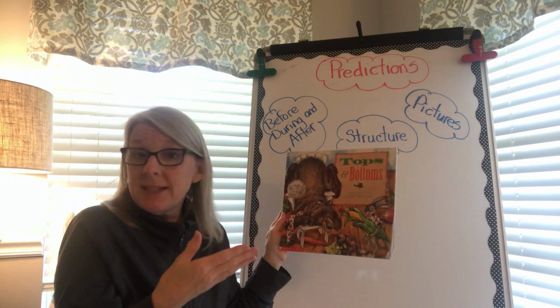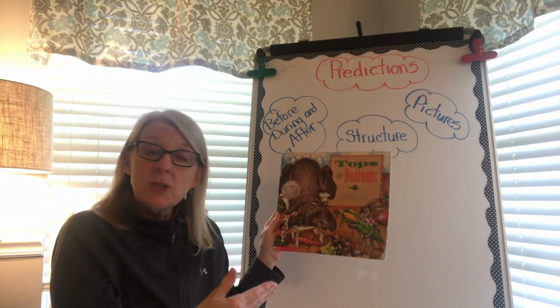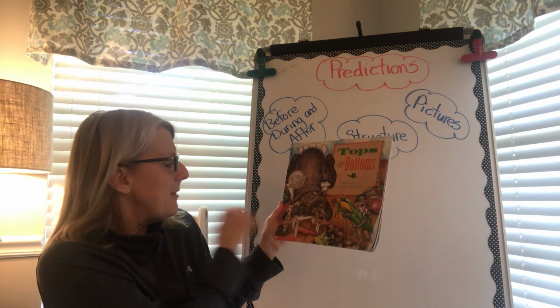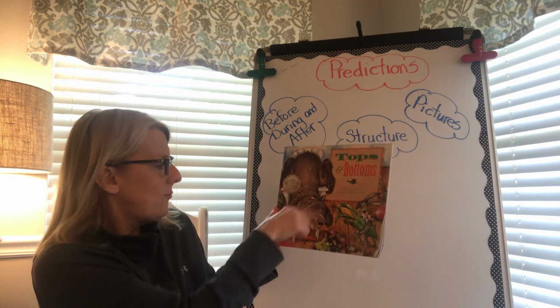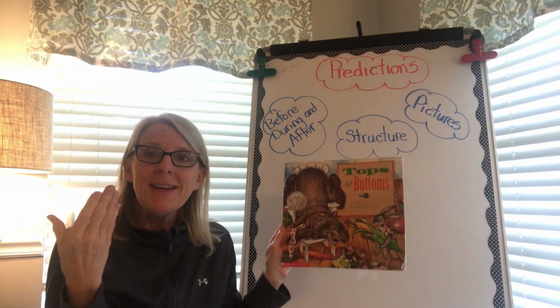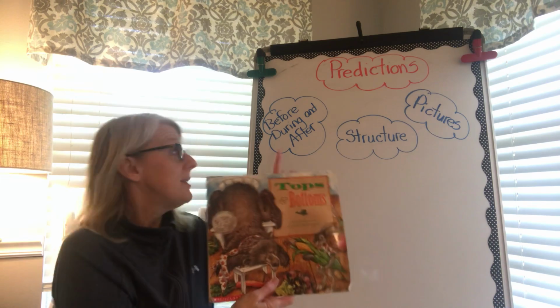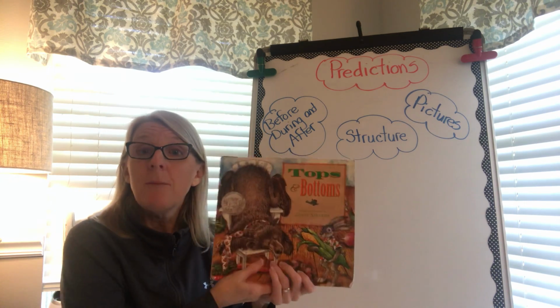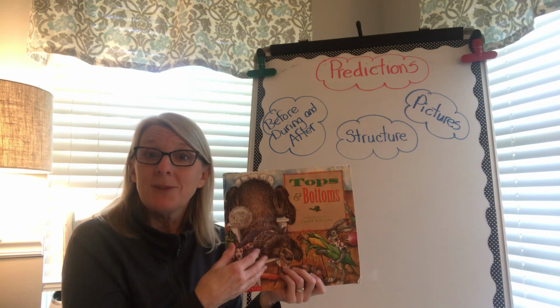So I'm going to predict that this story is going to have something to do with vegetables. And that evidently the bear likes to sleep a lot, right? Can you also see that? So I've already made some predictions before I am even reading my book. I will make predictions throughout my book as well.